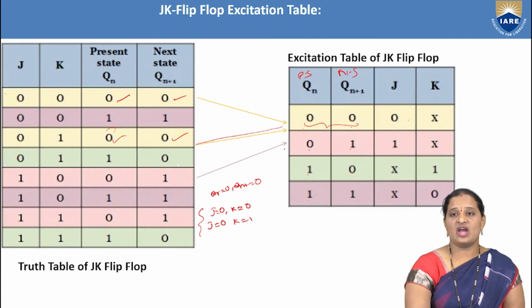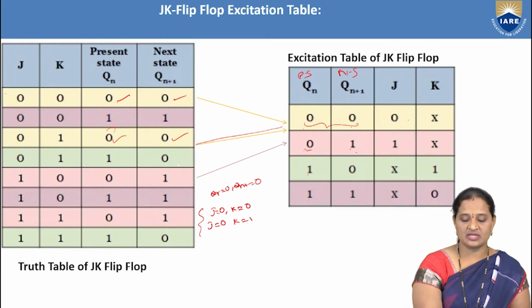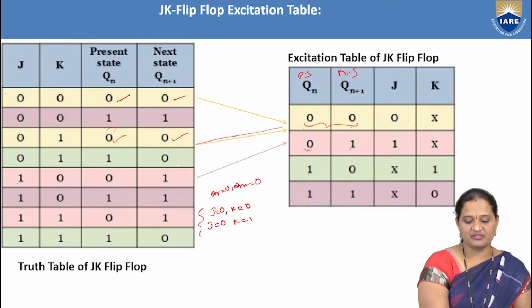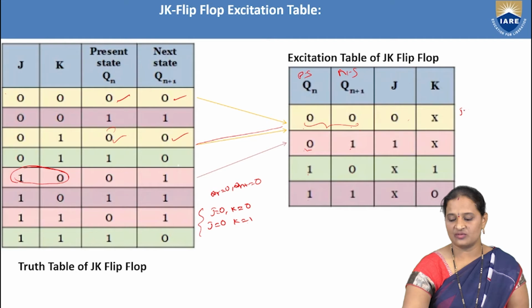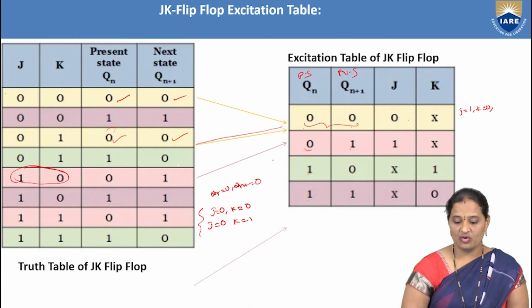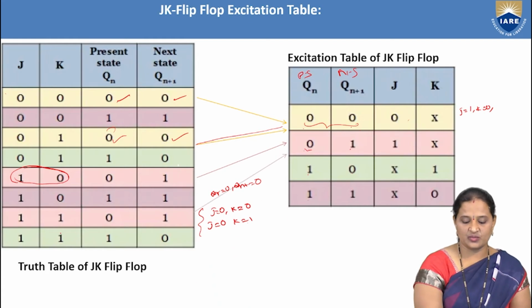Next condition. We are checking the next transition, from present state 0 to next state 1. If the flip-flop has to change its state from 0 to 1, then what must be the inputs applied? First combination, we are checking J is equal to 1 and K is equal to 0. So this is the second, J is equal to 1, K is equal to 0. Next, one more combination we can observe here, which is 0, 1.